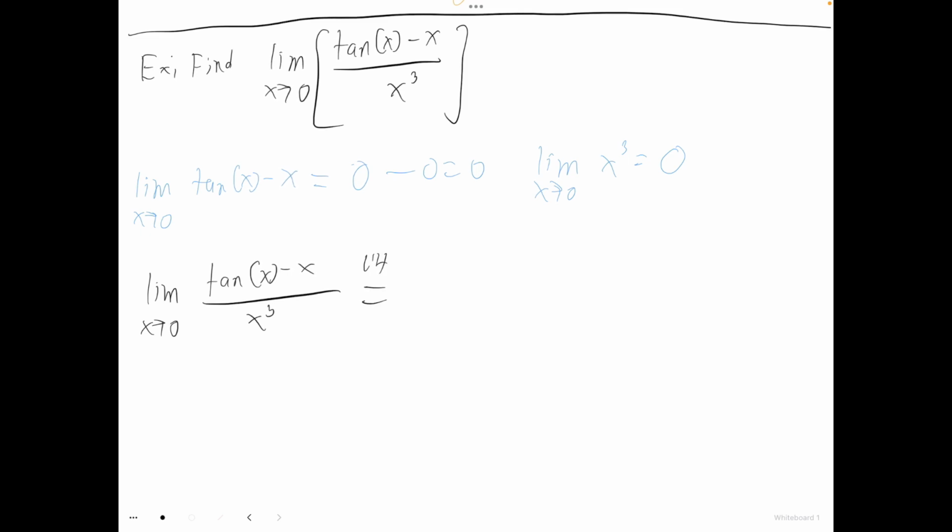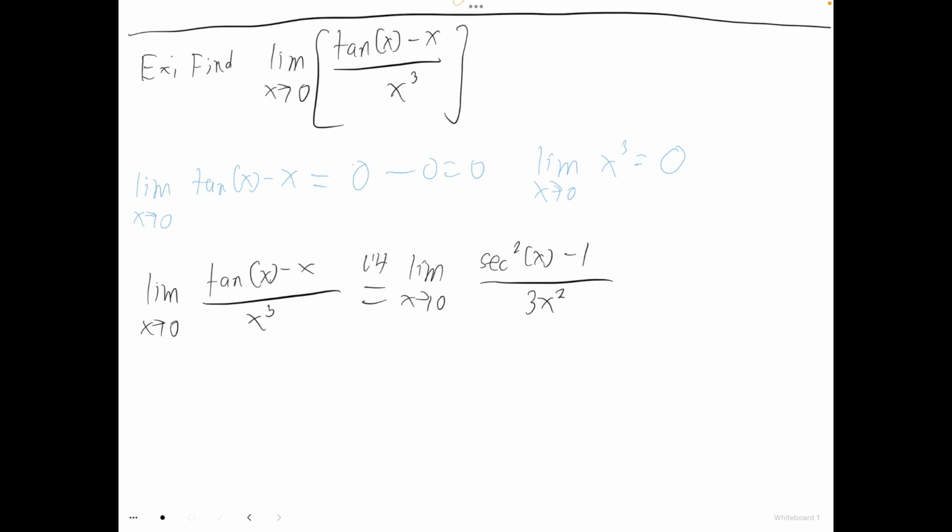Now applying L'Hopital's rule, we have the limit as x goes to 0 of the derivative of tangent, which is secant squared, so we get secant squared of x minus 1 divided by 3x squared. Okay, so that is our derivatives.